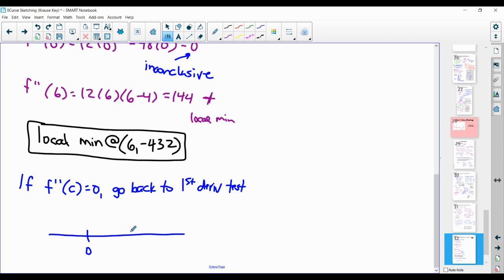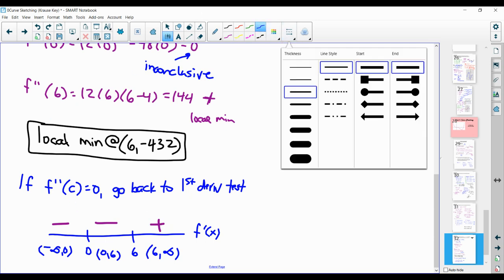We've got a critical point at 0. We've got a critical point at 6. And this is for our first derivative. So our intervals are going from negative infinity to 0, 0 to 6, and 6 to infinity. And so we're going to sub in test values. And as we do that, we're going to find out that this part of the function is decreasing, this part of the function is decreasing, and this part of the function is increasing. So what does that tell us?